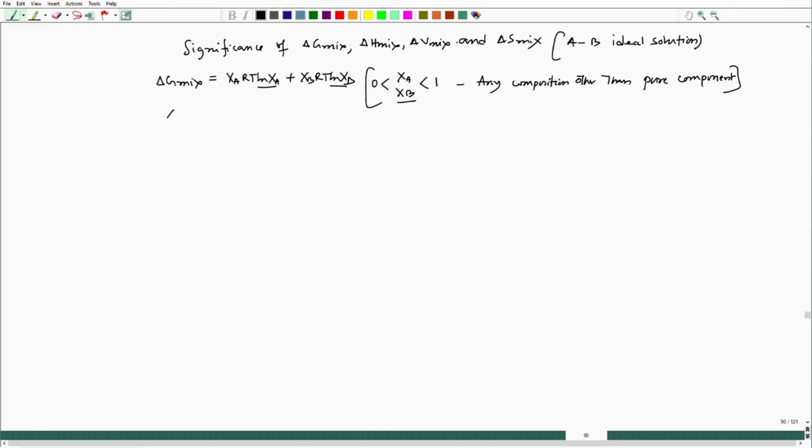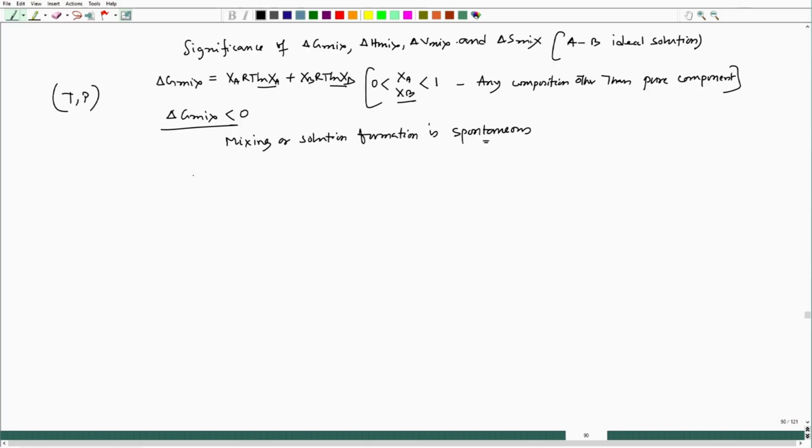So this delta G mix at a particular temperature and pressure is less than 0. It suggests that mixing or solution formation is spontaneous.